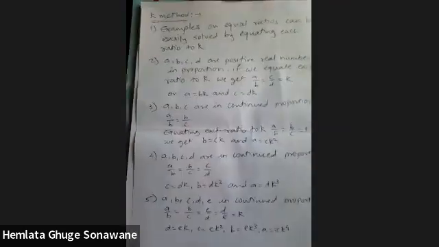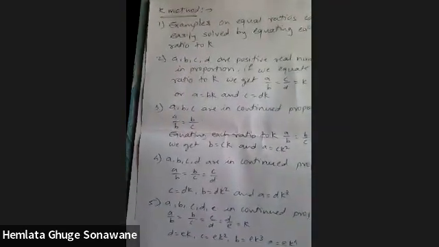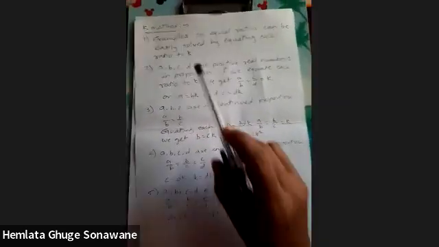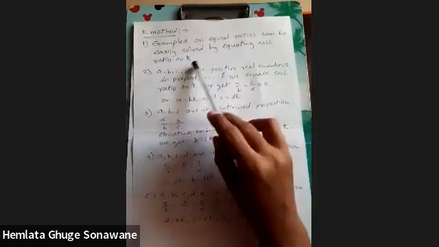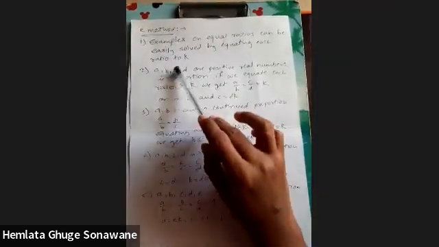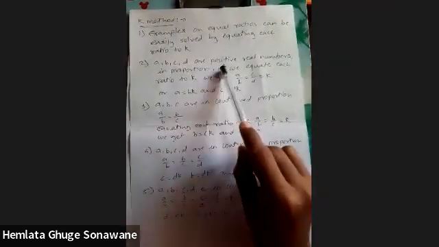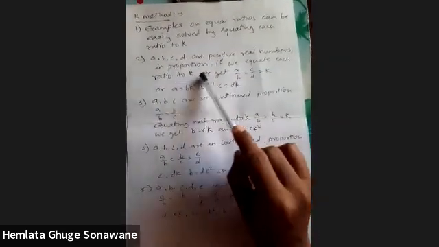Next is the K method for solving examples based on ratio and proportion. Examples on equal ratios can be easily solved by equating each ratio to K. A, B, C, D are positive real numbers in proportion.